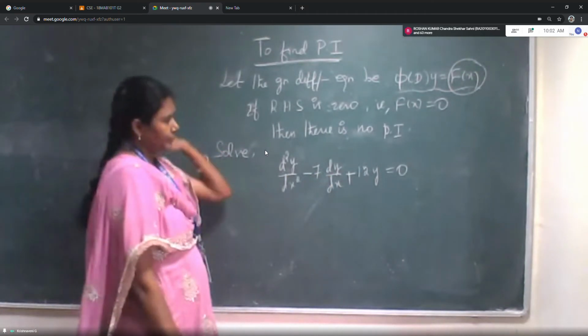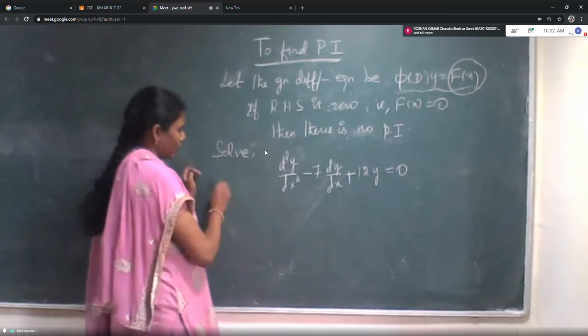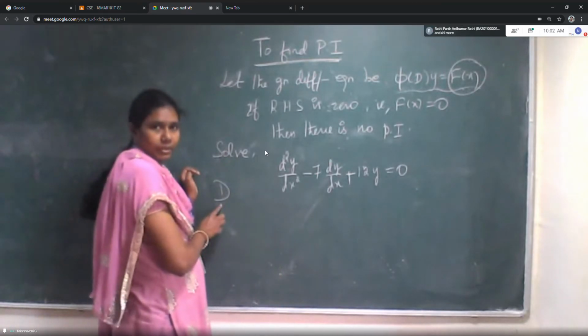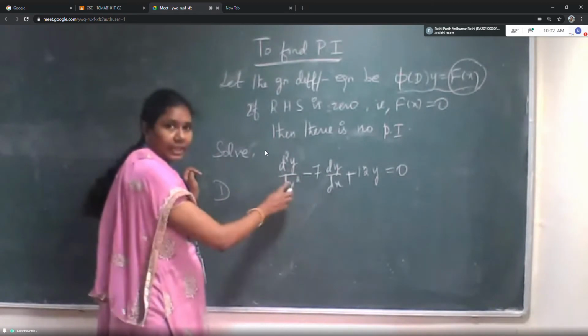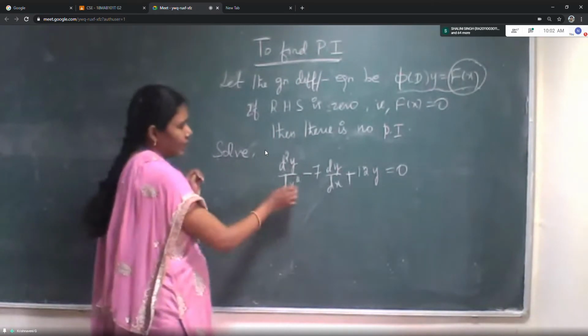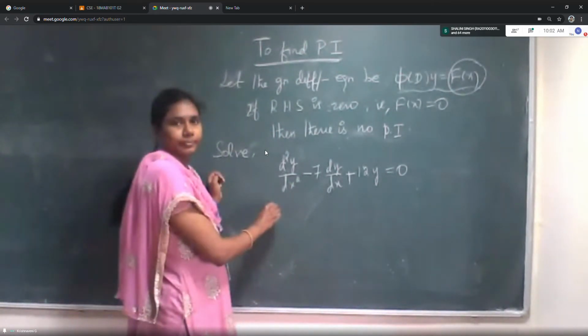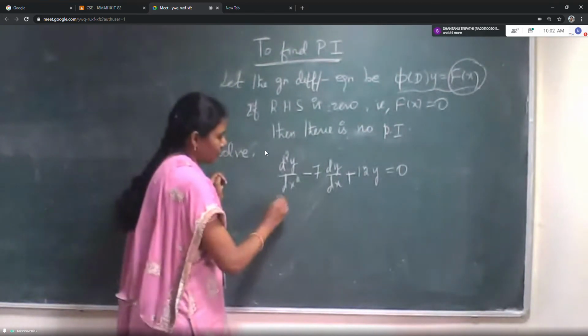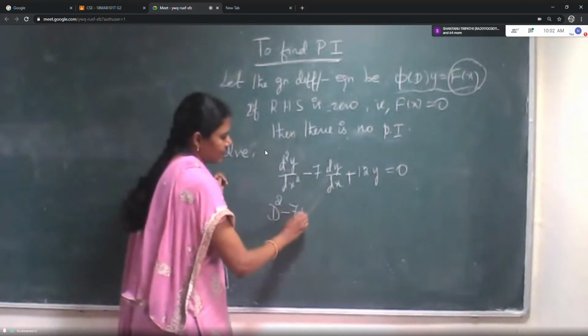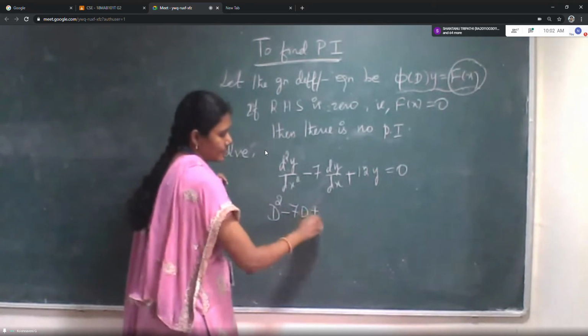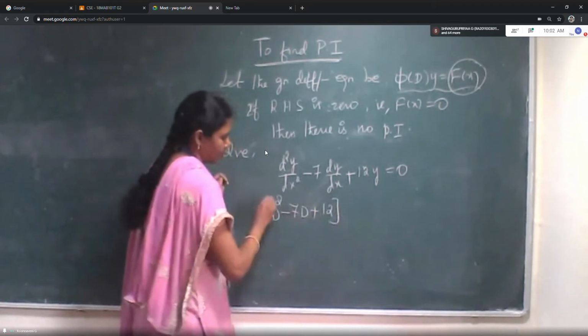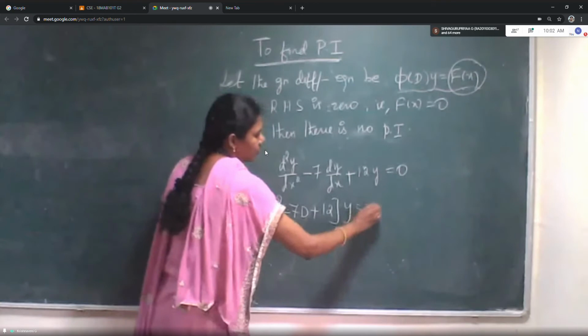First, using the operator D, rewrite the given equation. Now tell me how can we write? (D square minus 7D plus 12) into y is equal to 0.